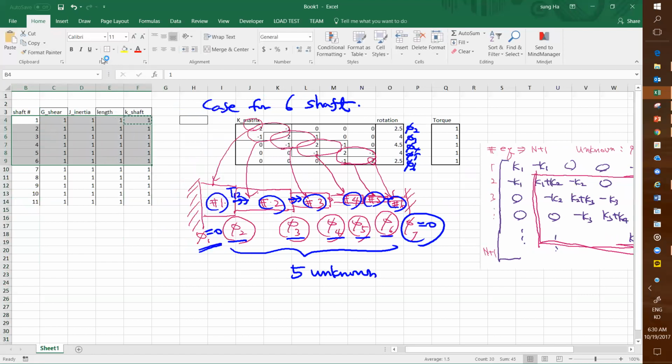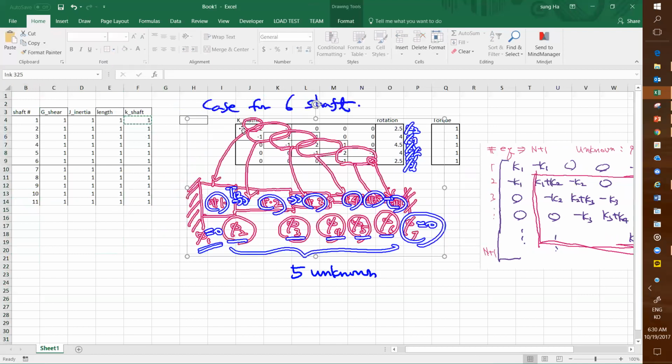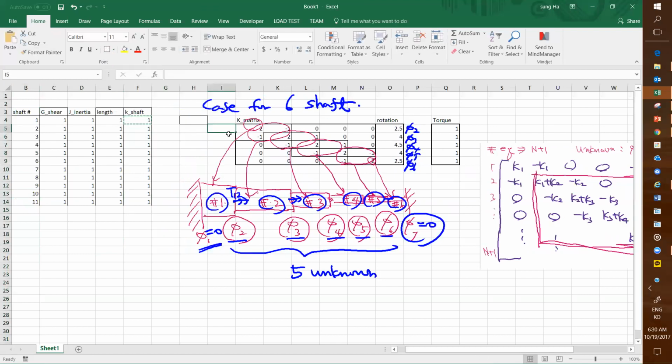And make sure each stiffness, as you can see here, we sharped 1 plus 2, and 2, and so on, 2, 3, minus 3, and 3, 4, minus 4, and 4, 5, and minus 5.